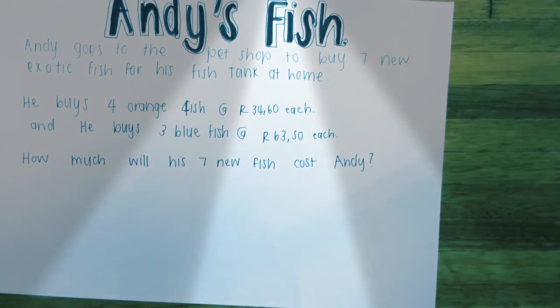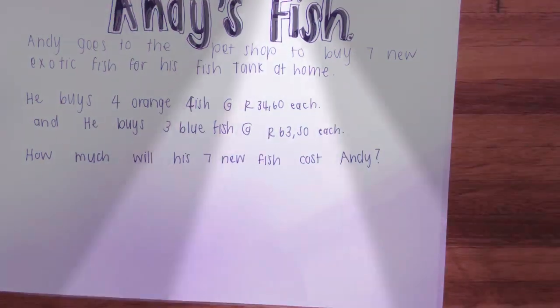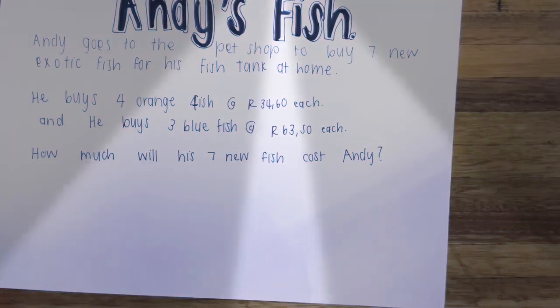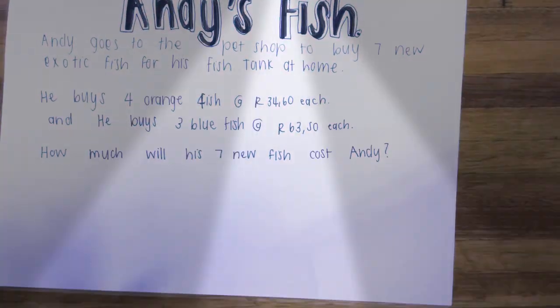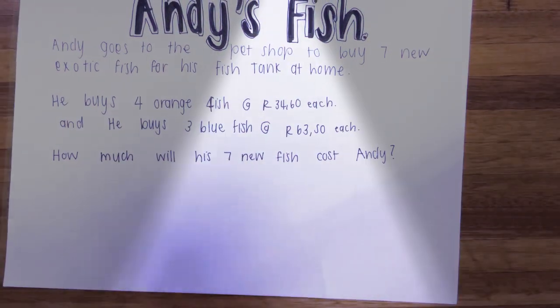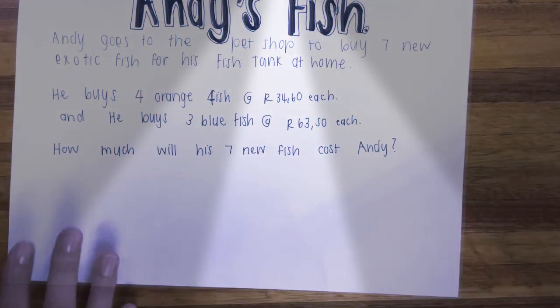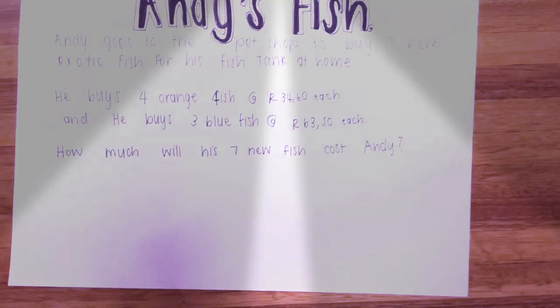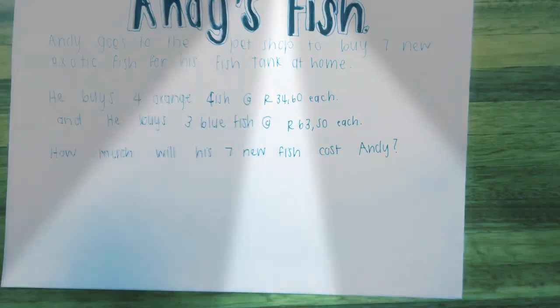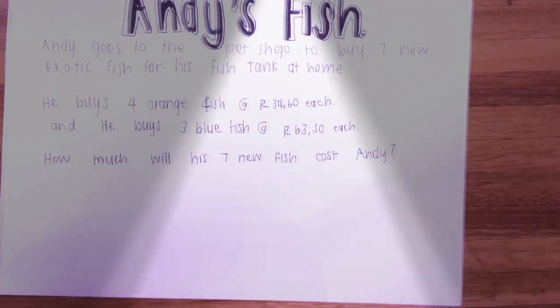So if we buy 3 orange fish and one orange fish costs 34 Rand 60, what will we have to do? So as you said, we're going to multiply 3 orange fish by 34 Rand 60, and then we add it to the 4 blue fish. Is it 4 blue fish?